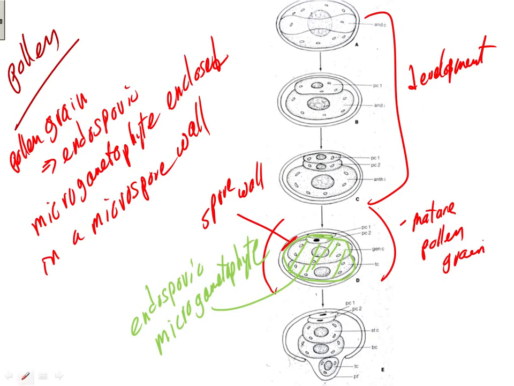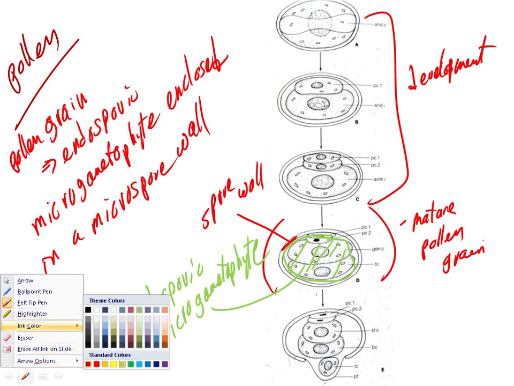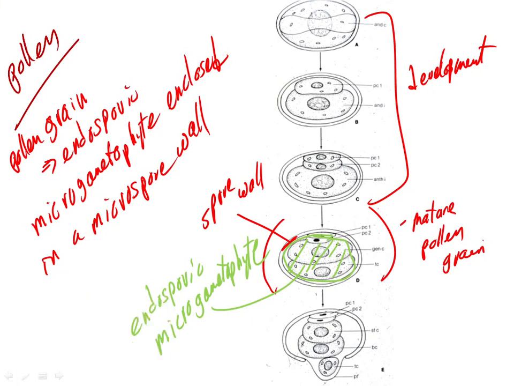What's happening in our last diagram is that the endosporic gametophyte is growing beyond the spore wall. So it's endosporic for a while, but then there is a little growth called a pollen tube that comes out, and that pollen tube is going to deliver the sperm.